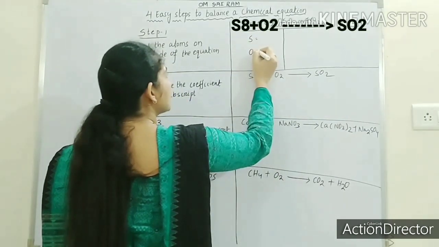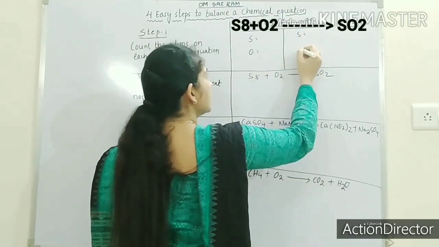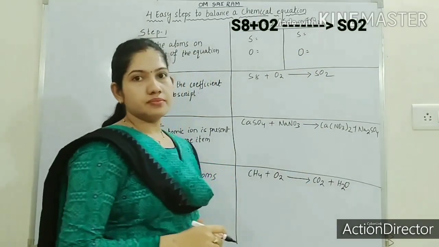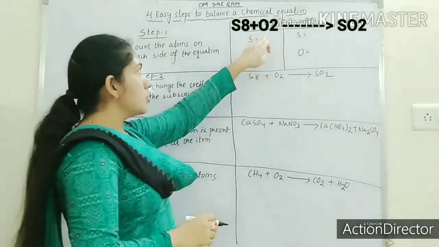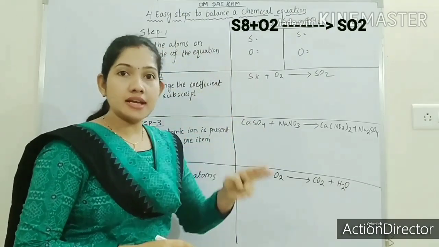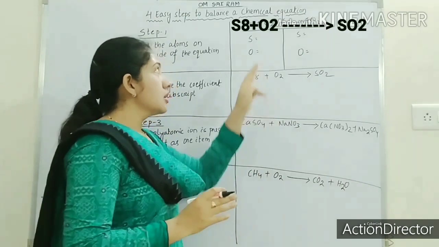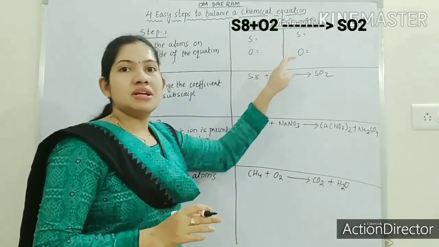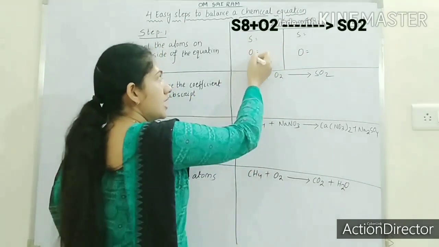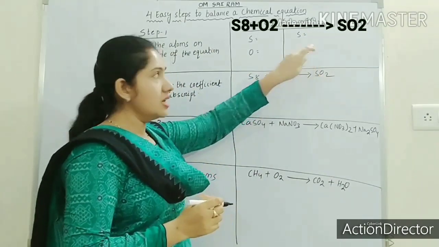Sulfur and oxygen, and this side also sulfur and oxygen. Got it? So we have to see both the left hand side and the right hand side, what are the elements. So at first we will write the elements involved. Sulfur and oxygen are both the elements on this side. Here also sulfur and oxygen.